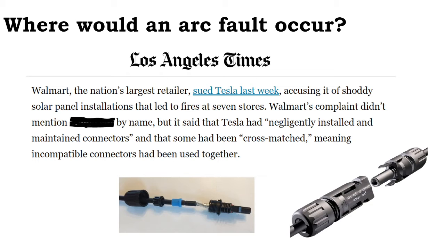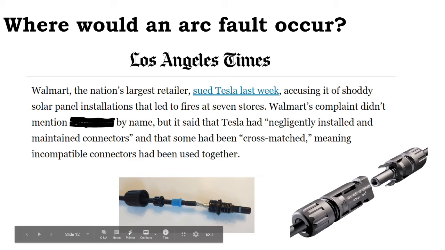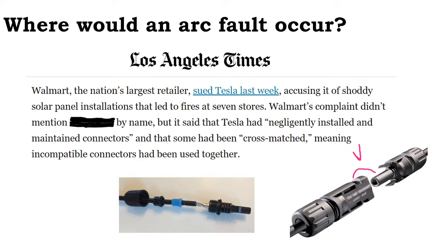And usually these solar connectors, these MC4 connectors, are compatible, but if they were to fail, what would be an arc fault versus a ground fault? Well, an arc fault is when the connection is kind of pulling apart and there's a little bit of an air gap.